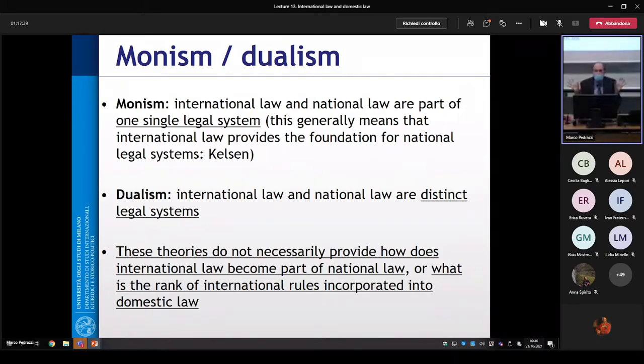While according to a dualist perspective, as international law and national law are two totally separate legal systems, in order to apply international law into national law, you necessarily need to adopt national laws which implement the international legal provisions into the domestic legal system.